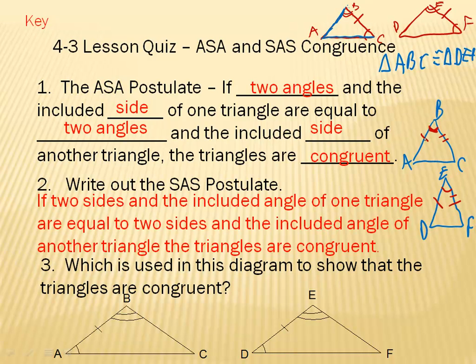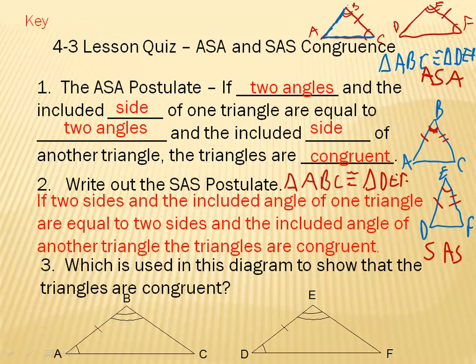All right, so if I have two sides and their included angle equal to two sides and the included angle of another triangle, then we can say triangle ABC is congruent to triangle DEF. And we said that up here. Up here it was by the ASA postulate. Down here they're congruent by the SAS postulate.